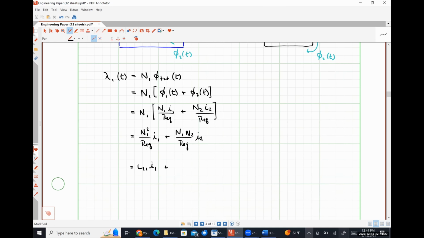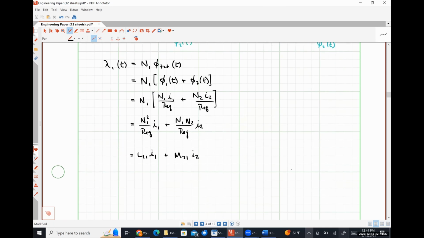And then N1 times N2 over reluctance, that looks like an inductance, but it's not just for the single coil. That's the mutual inductance seen between the two different coils. So let's call this M21 times I2, right?